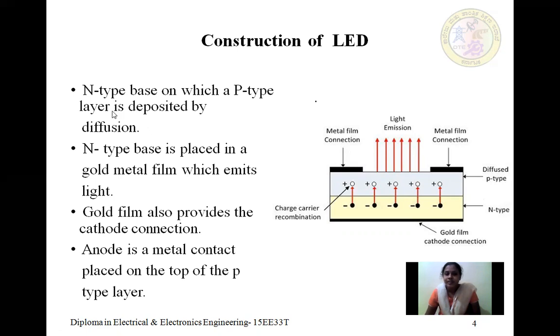In this we can say that the N-type base, on which the P-type layer is deposited by diffusion process, is placed on a metal gold film. This gold film also provides the cathode connection here. The anode is a metal contact placed on the top of the P-type layer.